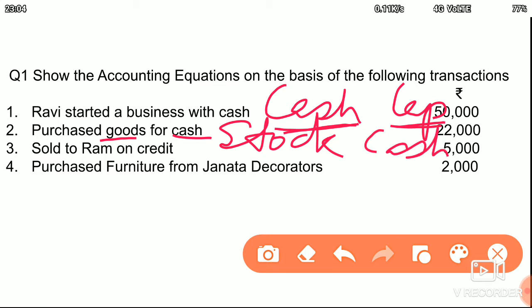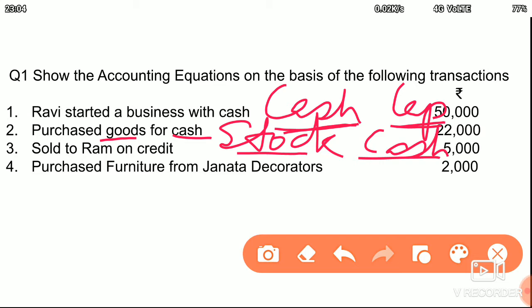If we look at this transaction, the goods are increasing in the business, so the stock will increase in the business. On the other hand, the business is paying cash, so cash will decrease. So the two accounts will be the stock account and the cash account. So next to the transaction only, we write the accounts which are affected, that is the stock account and the cash account.